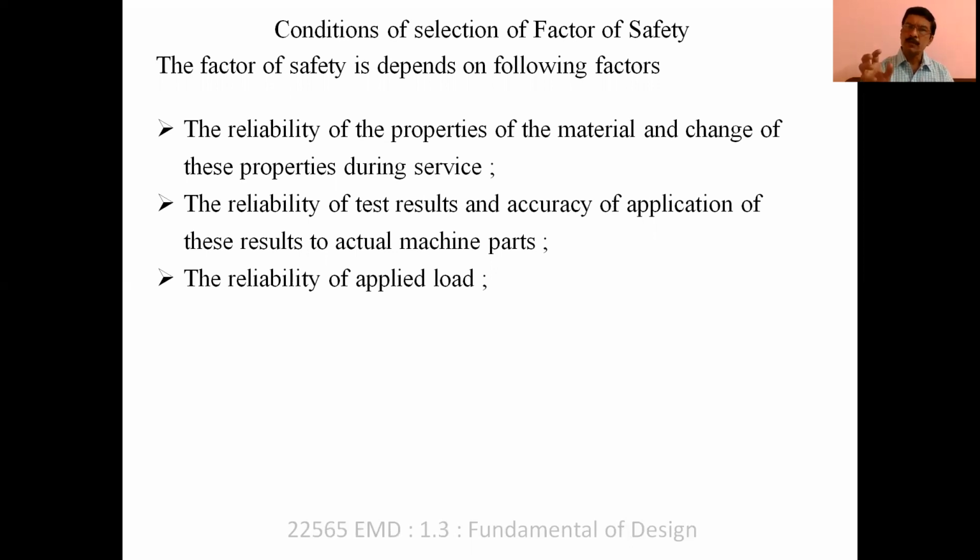It also depends on what kind of load is applied on that particular material. If you don't know about the load, you go for more and more factor of safety. Go for the safer side. That means you must consider very less working stress. If you know exactly what kind of load is there, then you can go for a lesser factor of safety or you can take a risk.